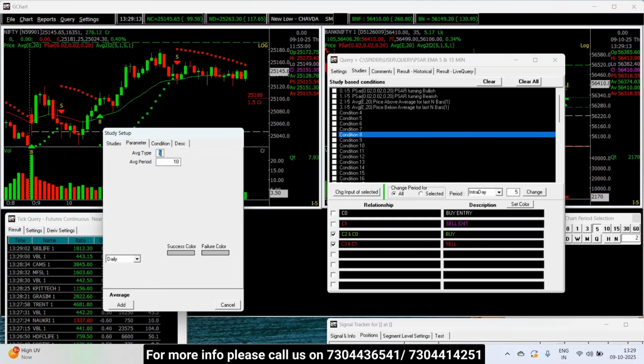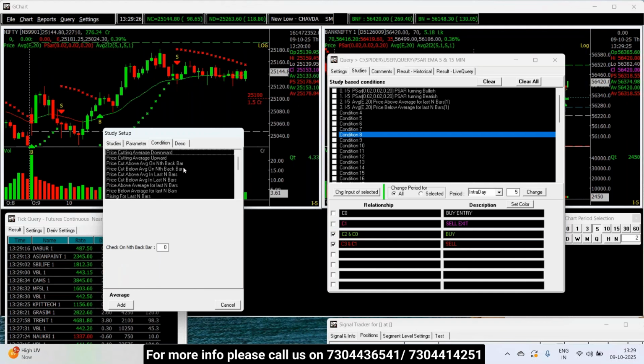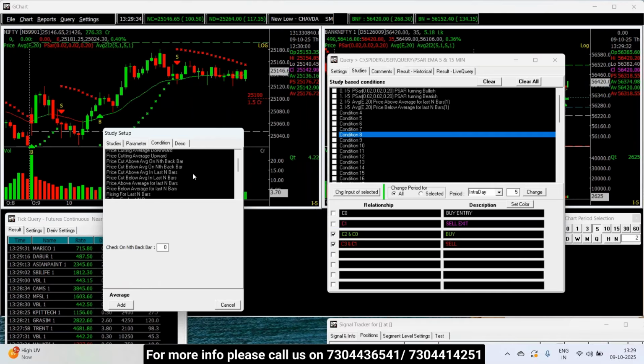In the parameters, as I discussed, exponential, and we are doing intraday, and the time period I'll go for is 5 minutes. If you want 15 minutes also, you can do it. And the conditions here, you can see a number of conditions. Okay, price cutting average downward, upward, average on the end of the last bar, average above, below, right? Rising for the last 10 bars, falling, turning upward, downward.